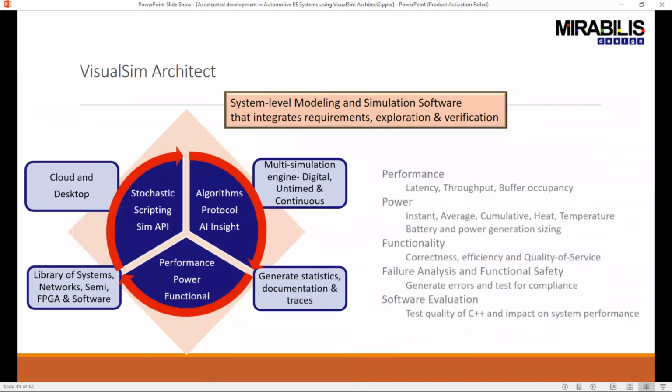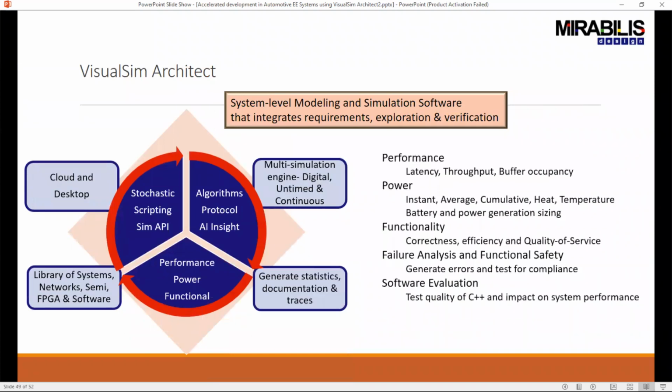Now a little more information on VisualSim Architect and what it is capable of. It can do the analysis at a stochastic level or with the help of scripting languages, and look at algorithms, protocols, performance evaluations, power evaluations, and the functional side of things.